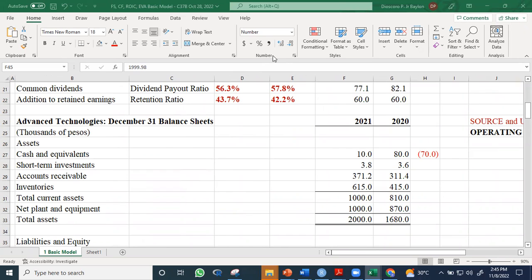Okay, I'll just chat it here. Some of you are requesting to share the Excel file. So let me do that.